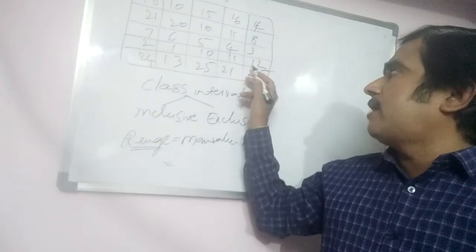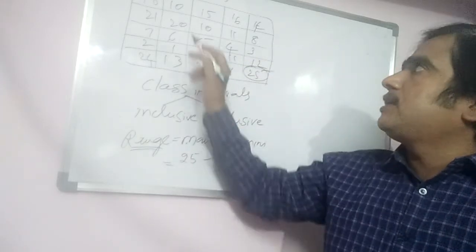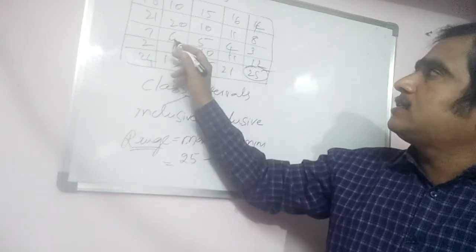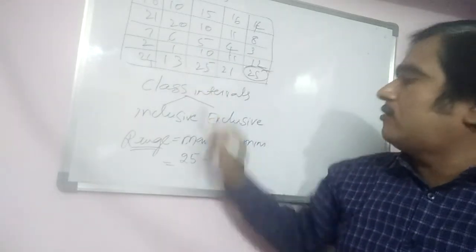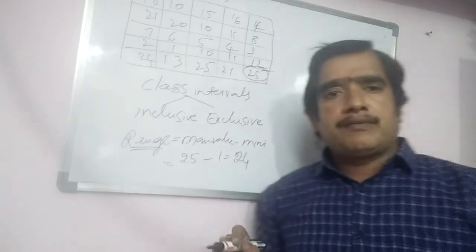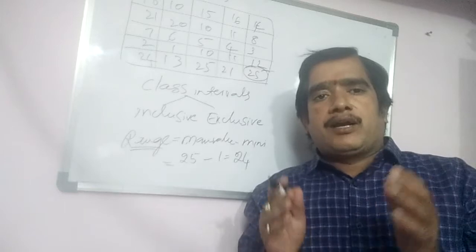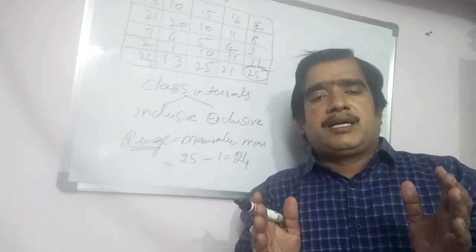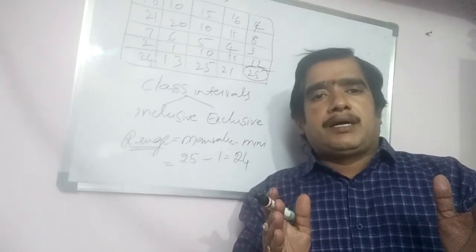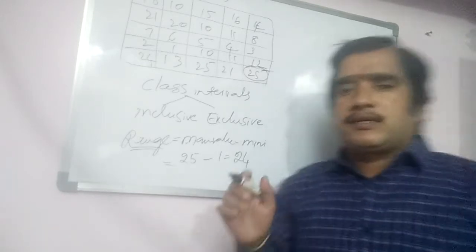What is the maximum value here? 25. What is the minimum value here? 1. So 25 minus 1 is 24. The range is 24. Now you have to decide the number of classes. I want to prepare 6 classes.